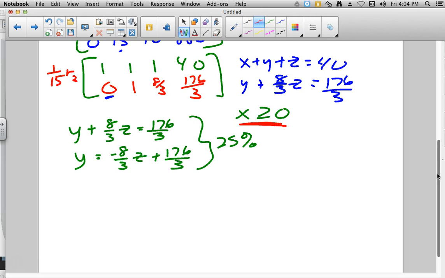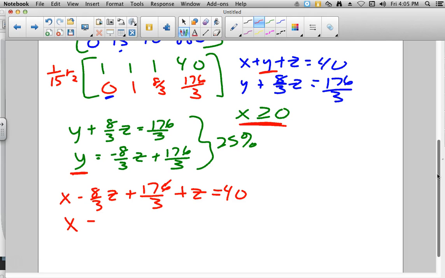So I'm going to go ahead and substitute y into my blue equation up here, and that will give me x minus 8/3 z plus 176 thirds plus z equals 40. And we would go ahead and combine like terms and get x by itself.